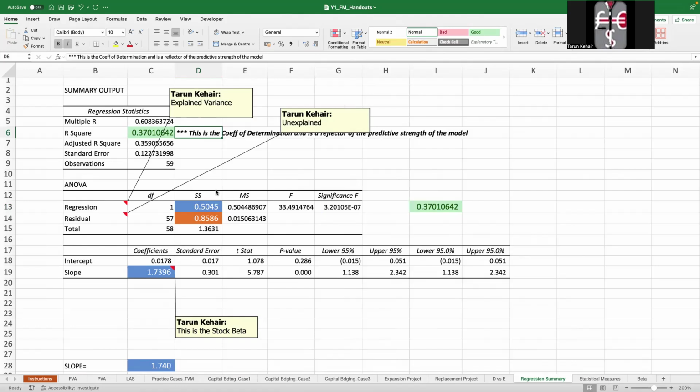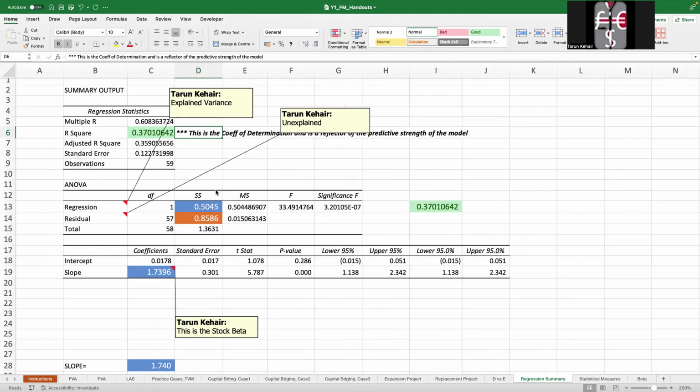Unsystematic risk is the residual, the unexplained variance, which is in your control. You can take your data for a longer period, and you can increase the prediction. If you are building a portfolio, you can take different stocks, diversify your portfolio, and eliminate the unsystematic risk from the portfolio because unsystematic risk is firm specific.